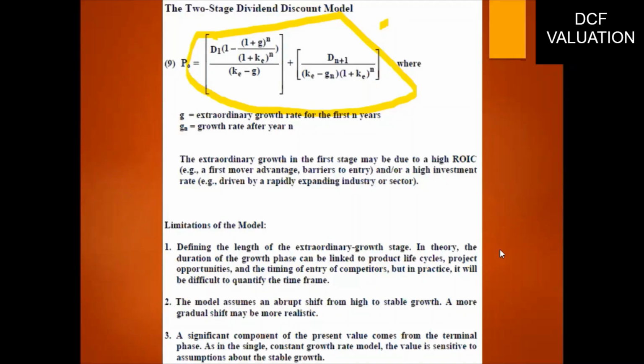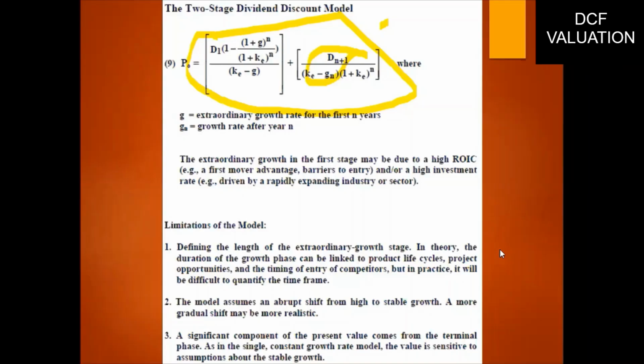This is the same two-stage dividend discount model. This represents the present value of the terminal value. Dn plus 1 divided by Ke minus Gn is the terminal value, divided by 1 plus the cost of equity raised to n. That's how you get the present value of the terminal value.